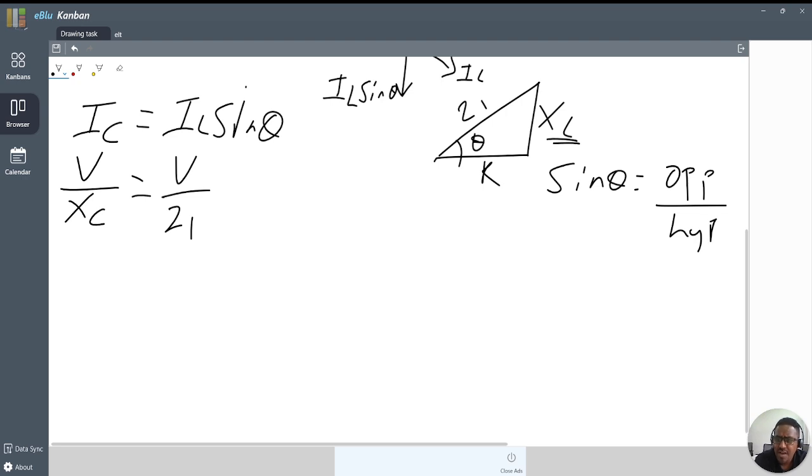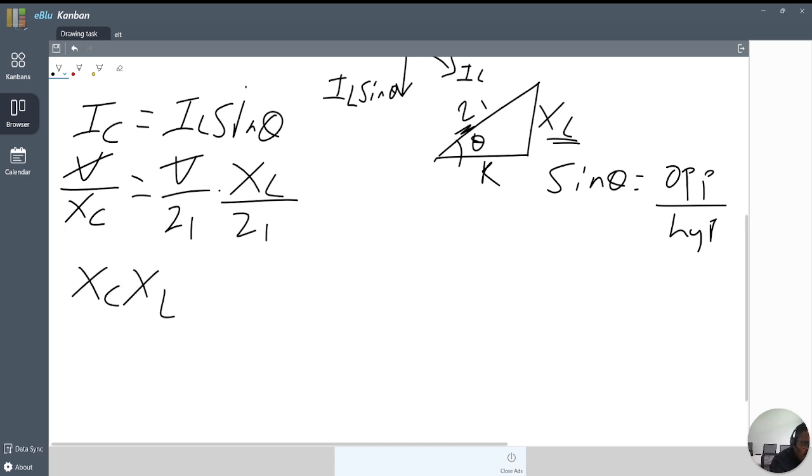Our opposite is XL and our hypotenuse is Z1, sorry. So sine theta means XL over Z1.